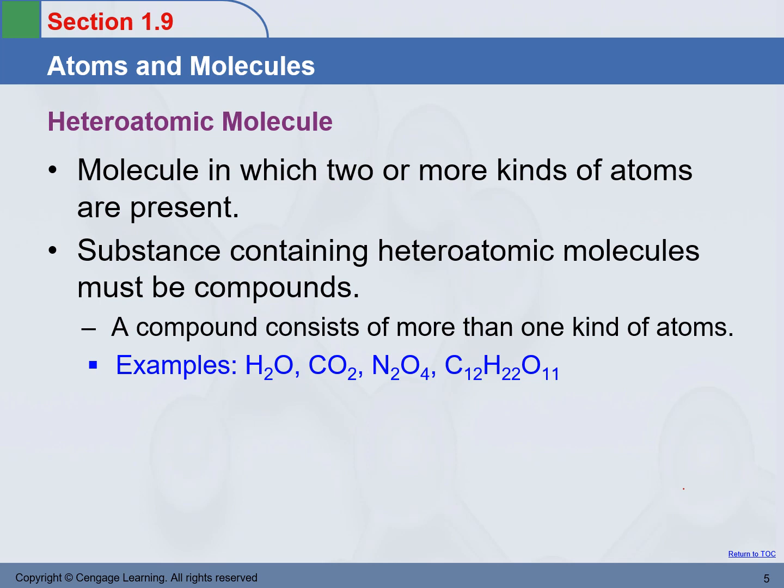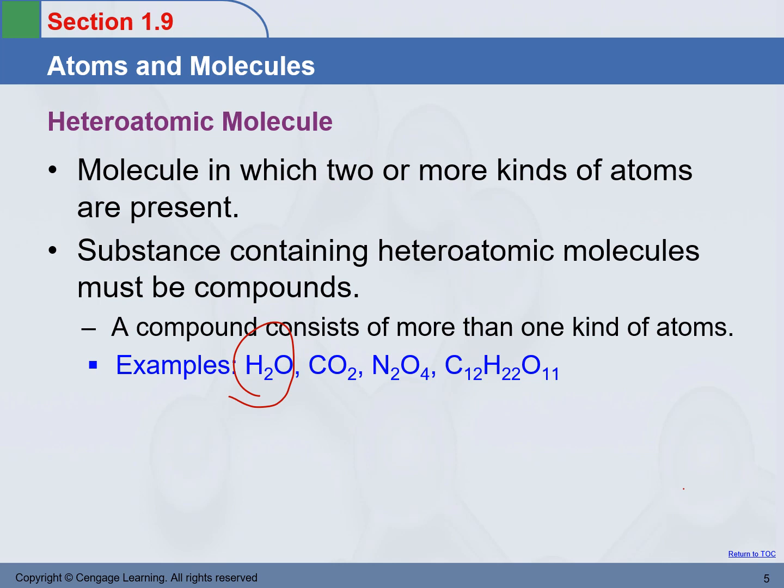Look at the first one. Many of us know that's water. H2O tells us in the water molecule there are 2 hydrogen atoms and 1 oxygen atom. We can see that oxygen has no subscript.